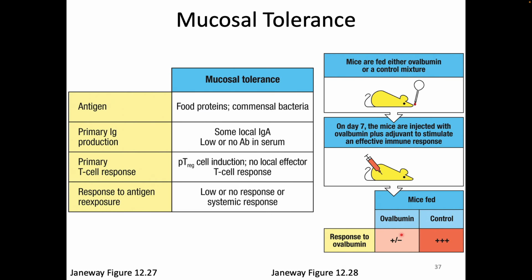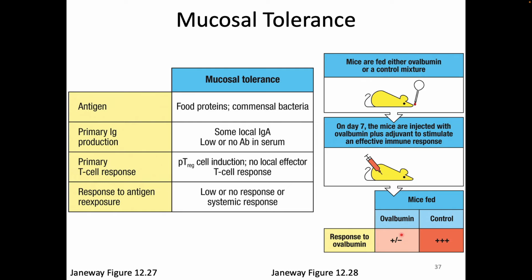And so what we've actually realized is that in mucosal tissues, and this is really well described in the GI tract, we have what's known as mucosal tolerance. And so when an antigen is first encountered, if the first time you ever see that antigen is in the GI tract, then you end up getting a tolerogenic or a Treg type response, and you actually don't make another type of immune response.